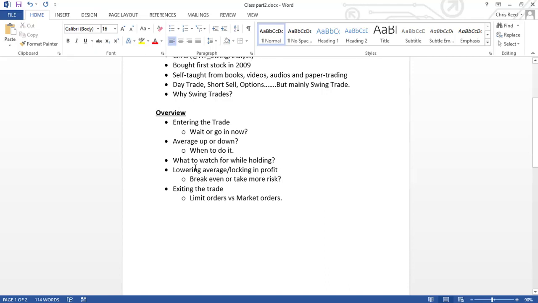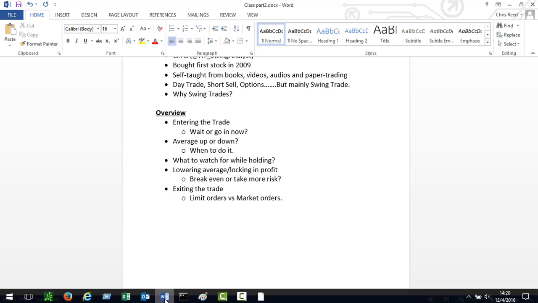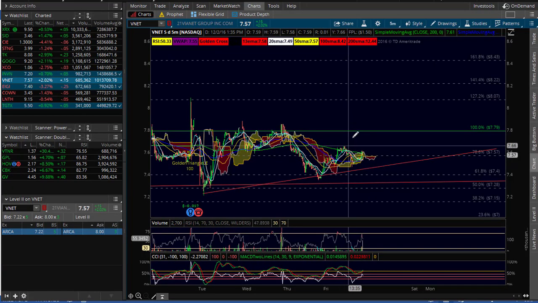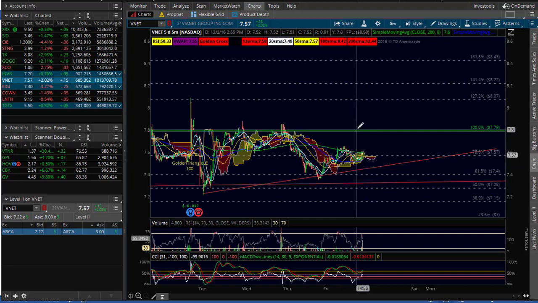All right, lowering average and locking in profit. These are one and the same, and basically you could do one or the other, whether you want to do a break-even level or you want to take more risk on your trade. Let's say this is trending up and I want to lock in profit.